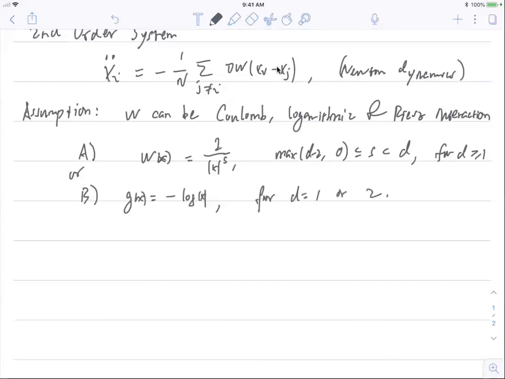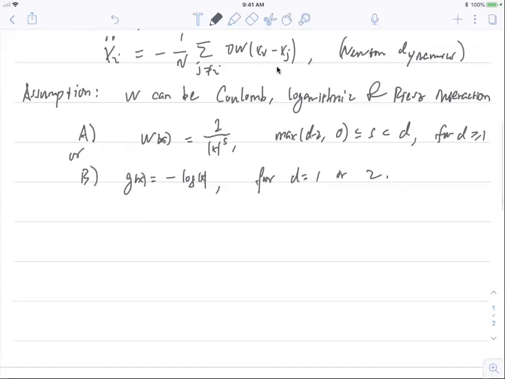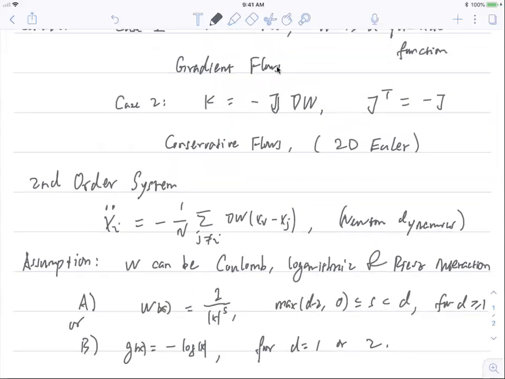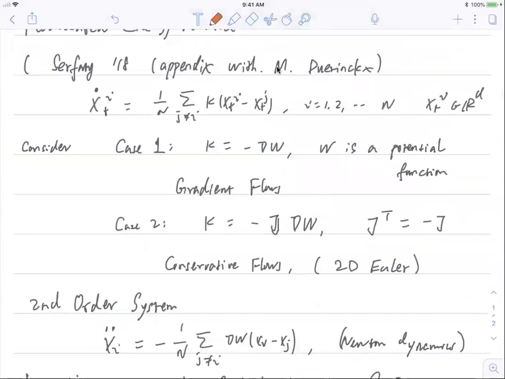So Serfaty can show the mean field limit. And you can also possibly add perturbations. For instance, you can add perturbations here, like f in some Holder space and in some Sobolev space.